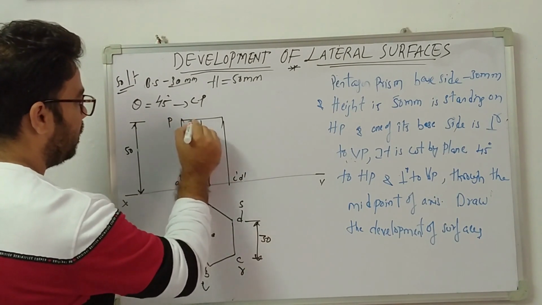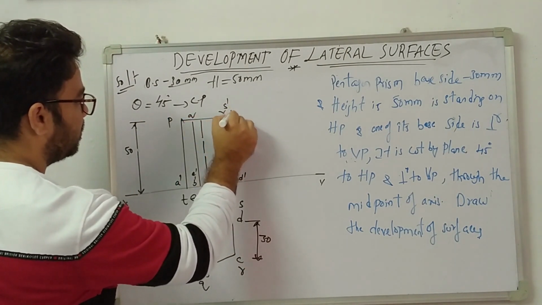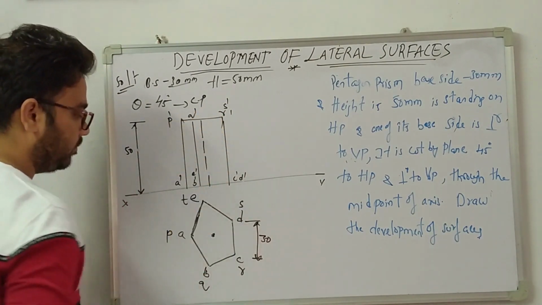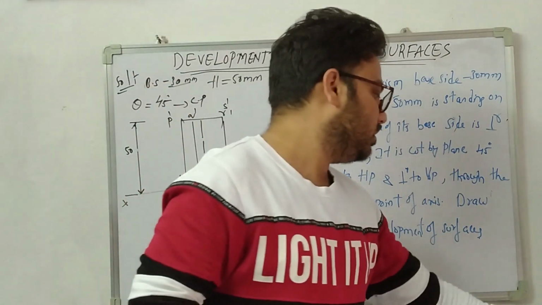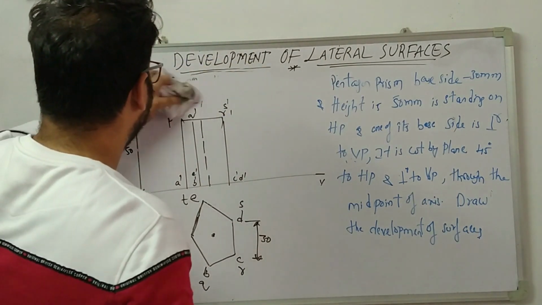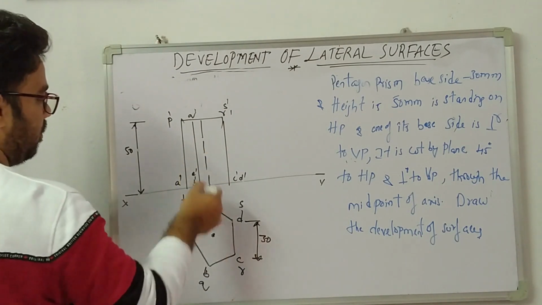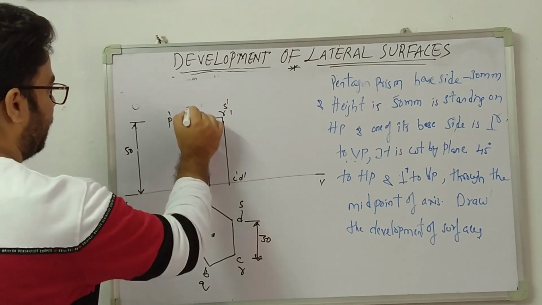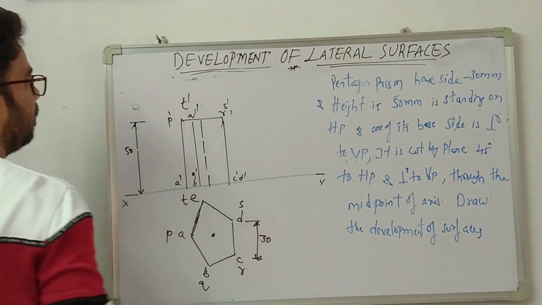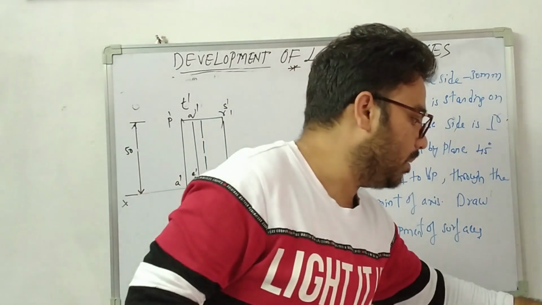Similarly here this is P, Q, R, S dash and Q and T dash. This is still the initial steps.